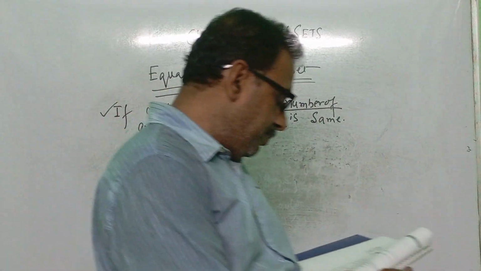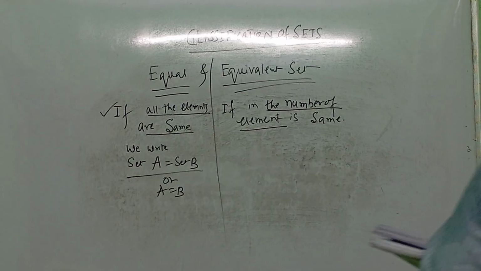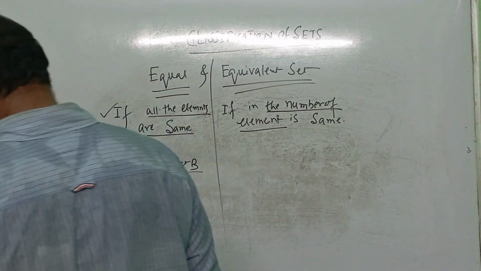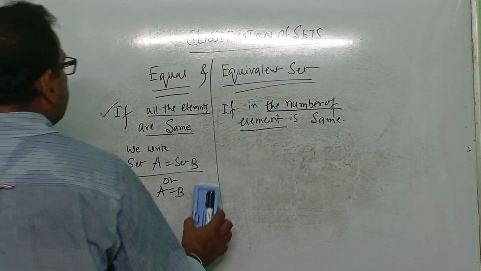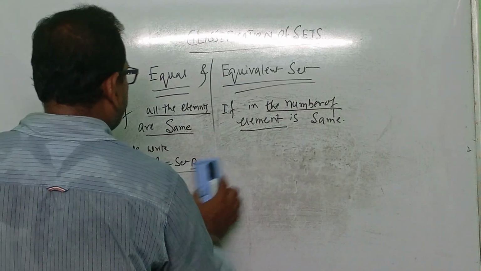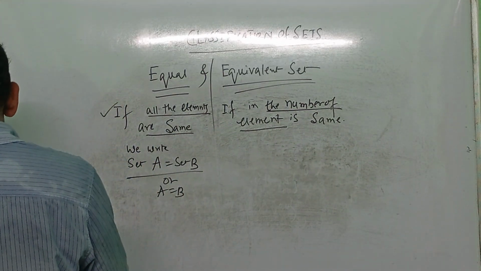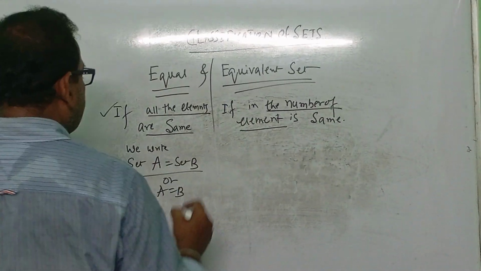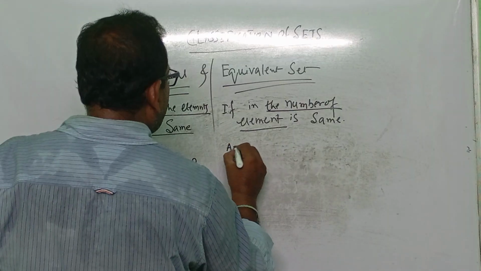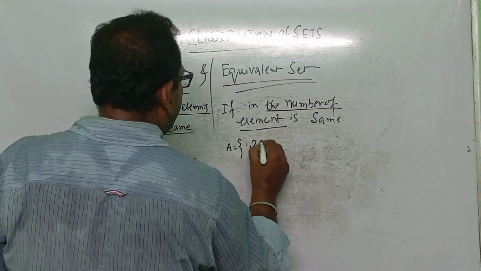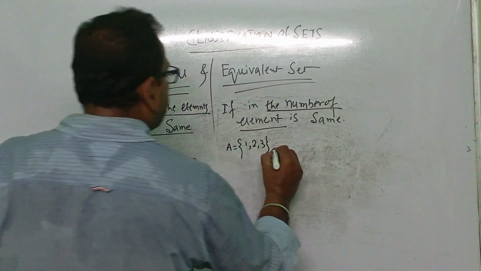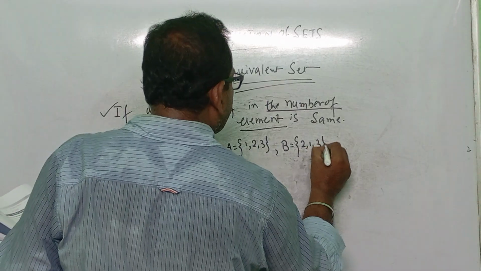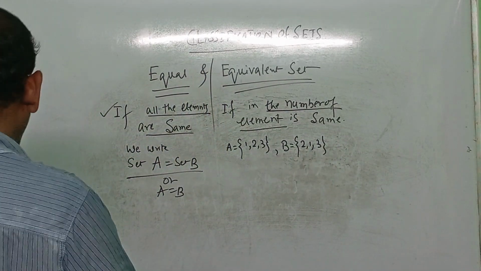Now take one example. Now I have written over here the set A is 1, 2, 3 and set B is 2, 1, 3.